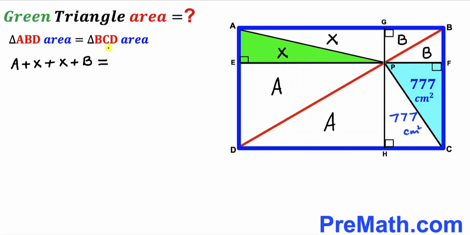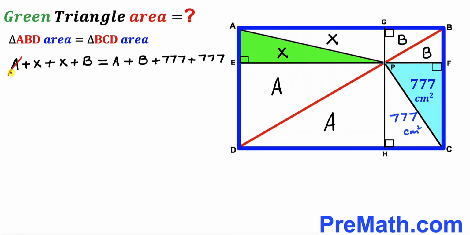So this triangle BCD area I can write as uppercase A plus uppercase B plus 777, plus 777 once again.